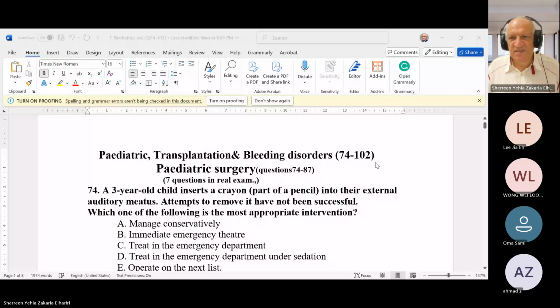By the way, in the real exam, we have 7 questions in these topics: pediatric, transplantation and the bleeding tendency. For bleeding tendency, we usually speak about the causes of bleeding tendency, and also how to stop bleeding during surgery. We start with the pediatric topic.